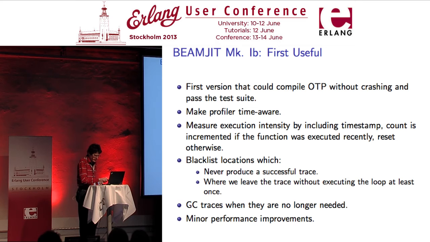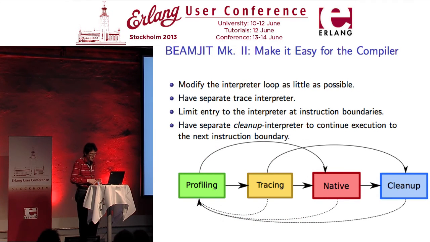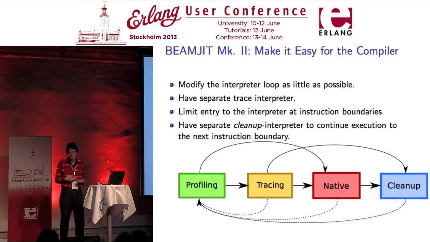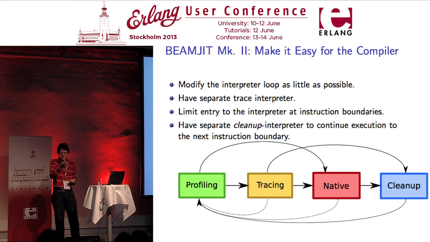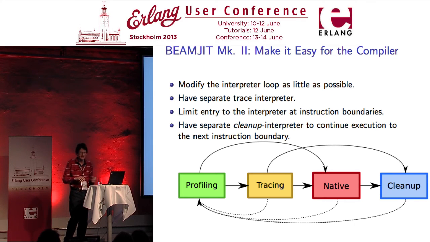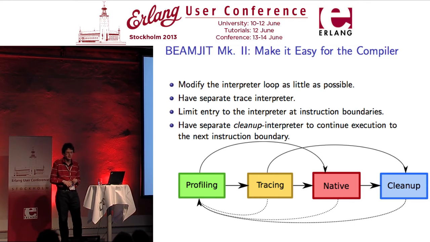So to do that, I figured that the unmodified system is pretty efficient. Björn did good work optimizing it. So I tried to modify it and change it as little as possible. And then instead have a completely separate trace interpreter, which I used for tracing.